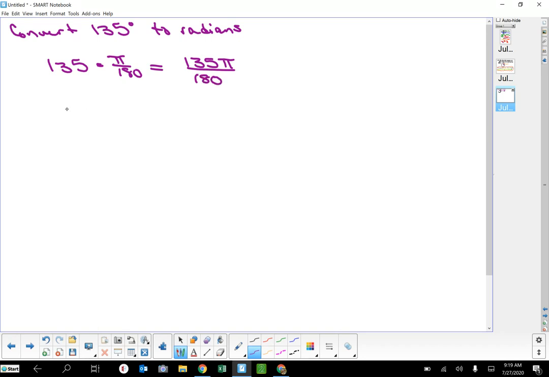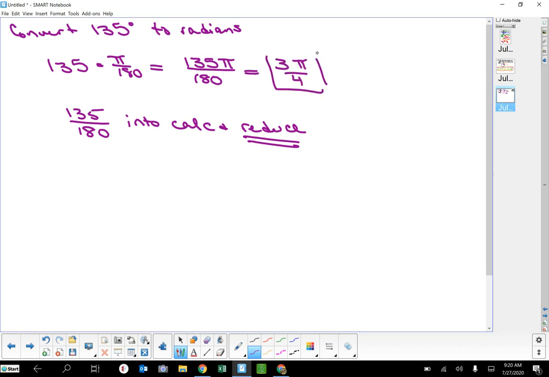Just plop your 135 over 180 into a calculator and reduce the fraction. Don't get a decimal, reduce the fraction. When you do that, it's actually 3/4. So the 135 over 180 reduces to 3/4. So this becomes 3 pi over 4. And that's your answer. Okay? Signs don't make a difference.